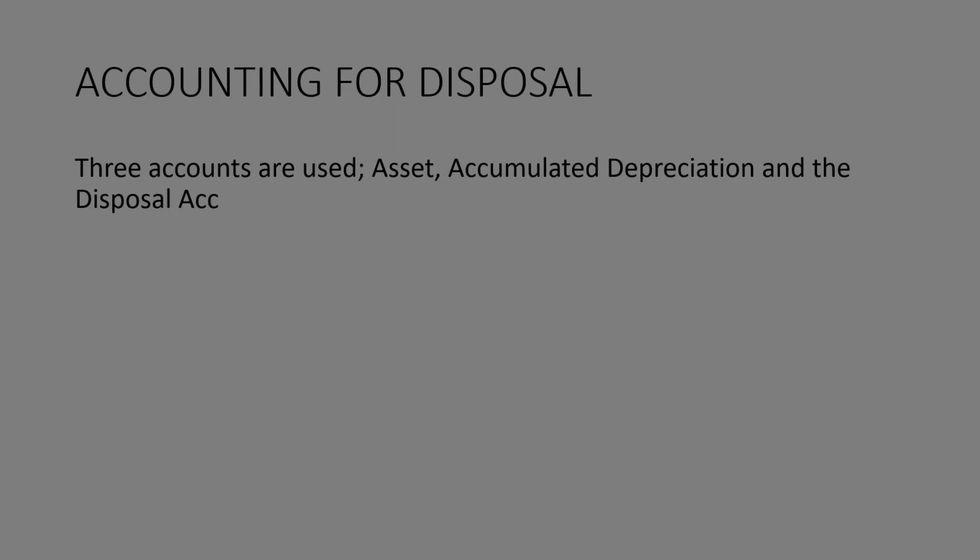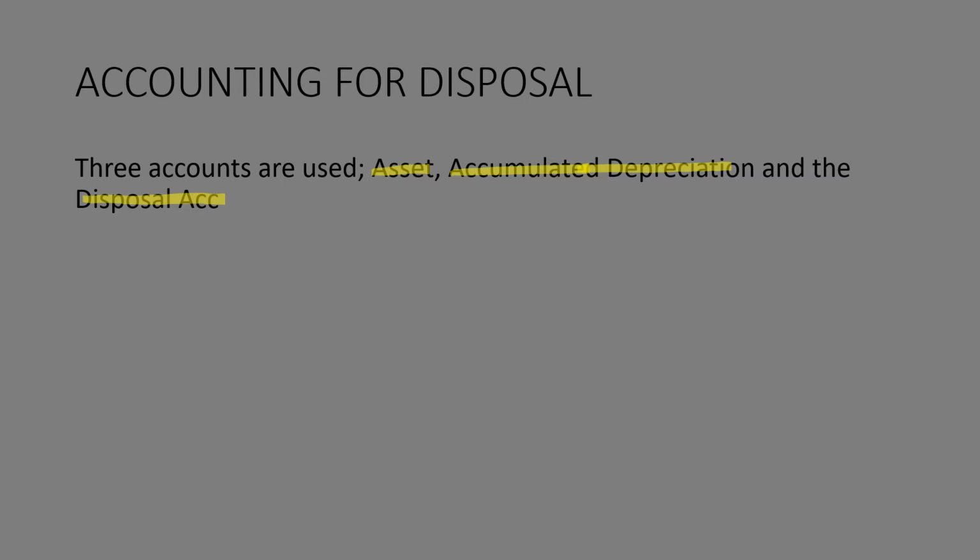Then accounting for disposal. It's quite simple. There are three accounts involved: the asset account that you need to remove the asset from, then the accumulated depreciation, then the disposal account.